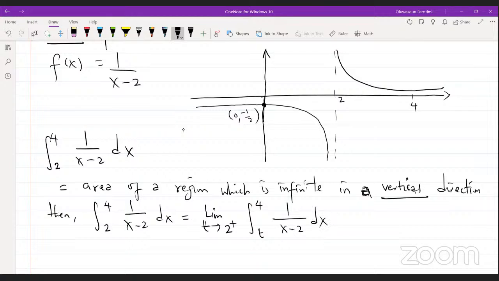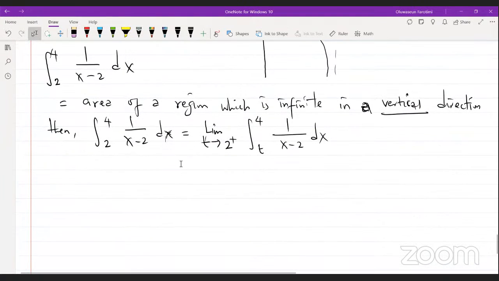Now you might actually wonder and say, oh, but the integral doesn't have any kind of infinity on the bound. You're correct. But essentially, there is what we call the point of discontinuity. The point of discontinuity is that point at which there's an issue with the integrand. Now, in this integrand, you're going from 2 to 4.